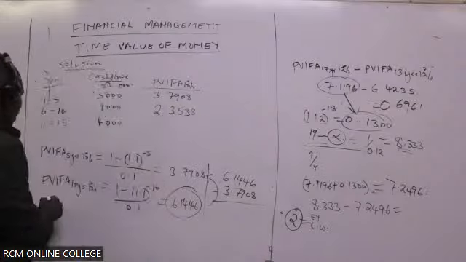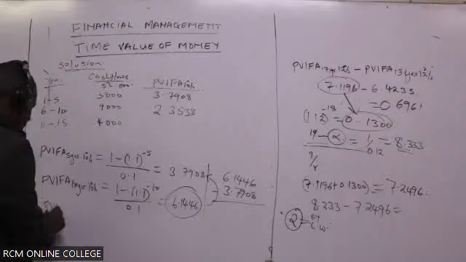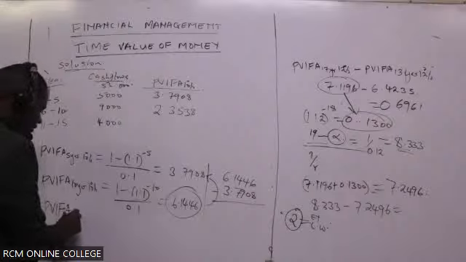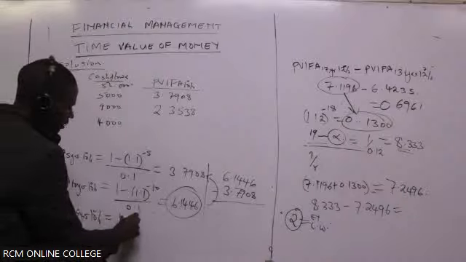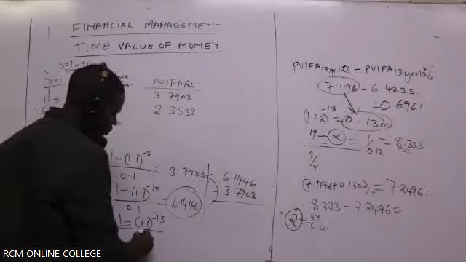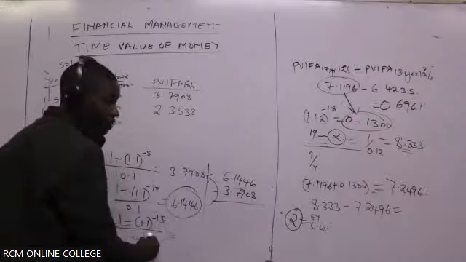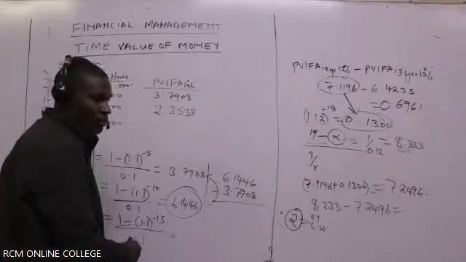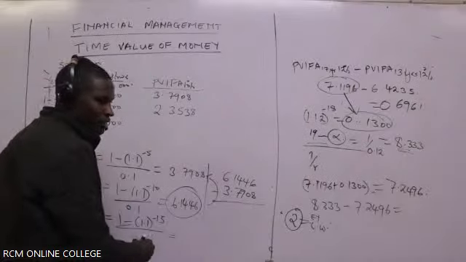And then the last one is for 15 years. PV for 15 years, 10%, will be equal to 1 minus 1.1 raised to power negative 15 divided by 0.1. What do you get for 15 years? 7.6061.